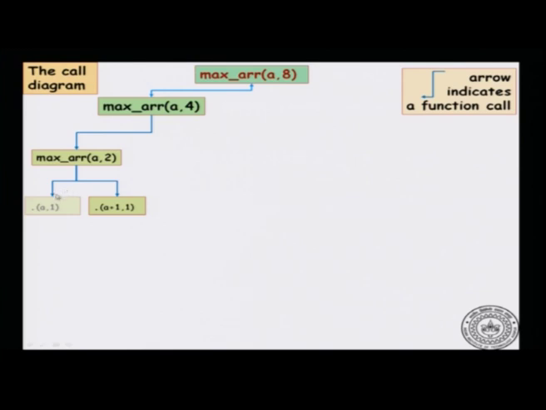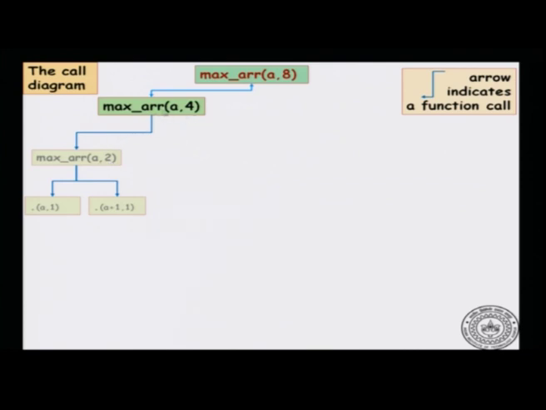So, you have two values now, one coming from the left and one coming from the right, and you just compare these two values, and that will be the greatest value in the first two elements of the array. Once you do this, you return, and you get the value of max array A comma 2. Then you return to max array A comma 4.